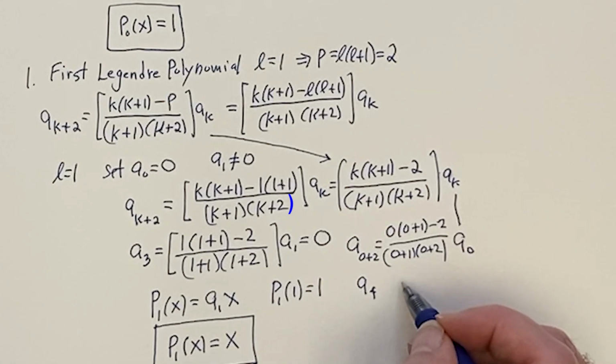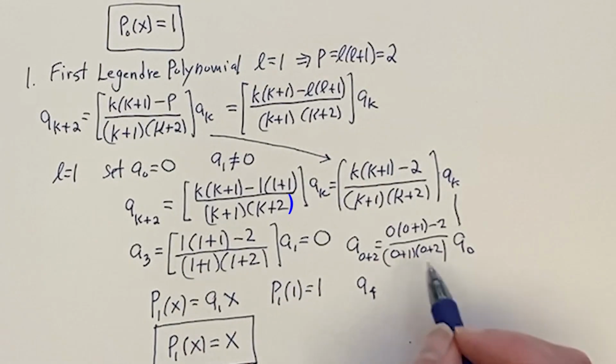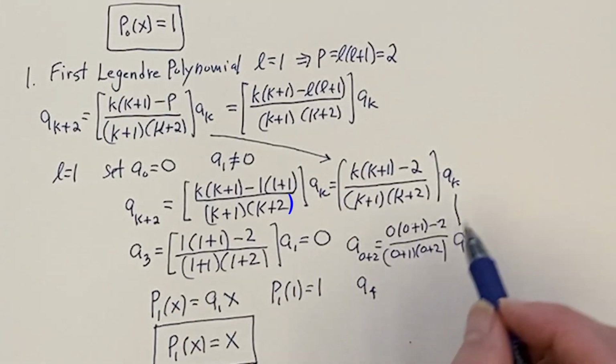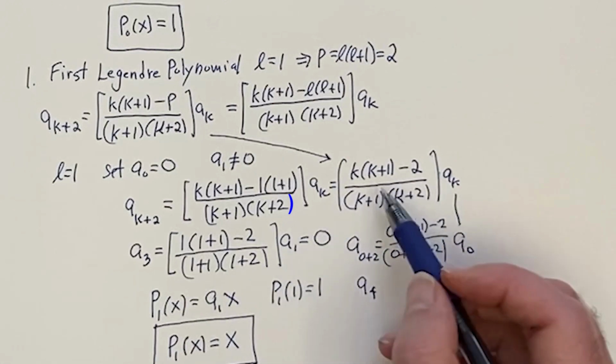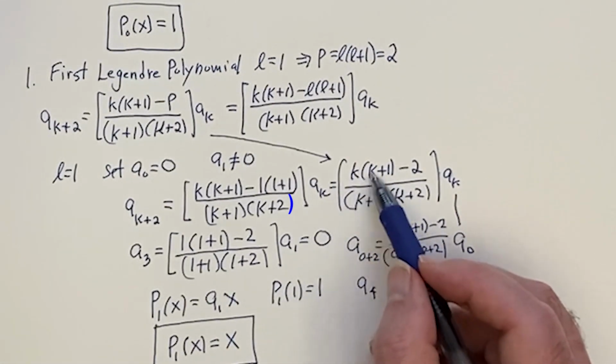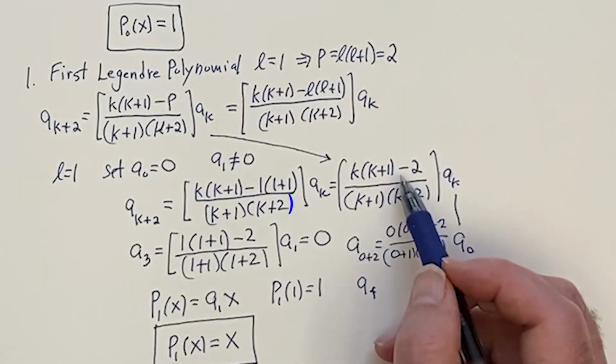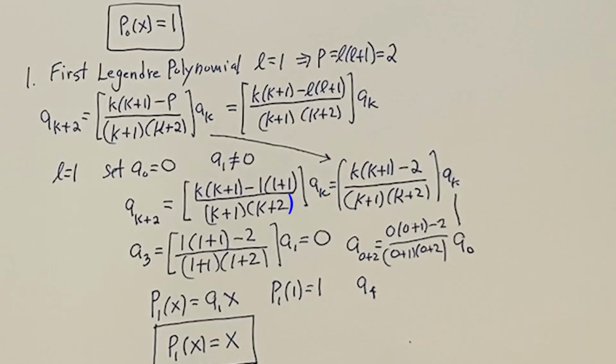That's not good. So what they do is they kill off that by setting the a naught equal to 0, so that can't happen. And then the odd one will eventually kill off itself, because when k is 1, then you'll have 2 minus 2. See? So that's why they do that.